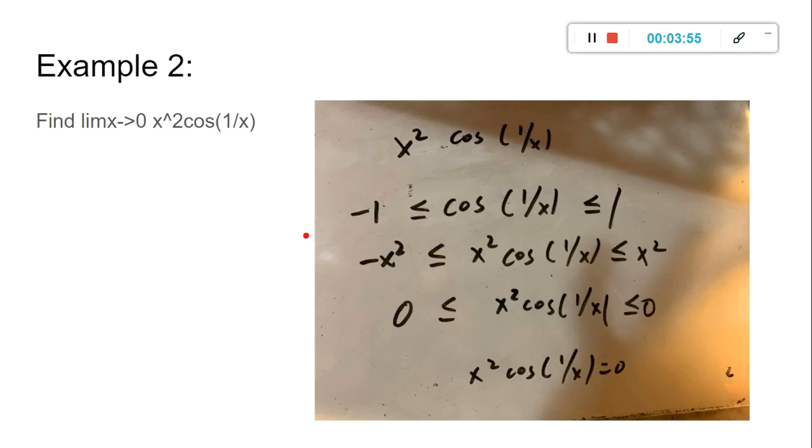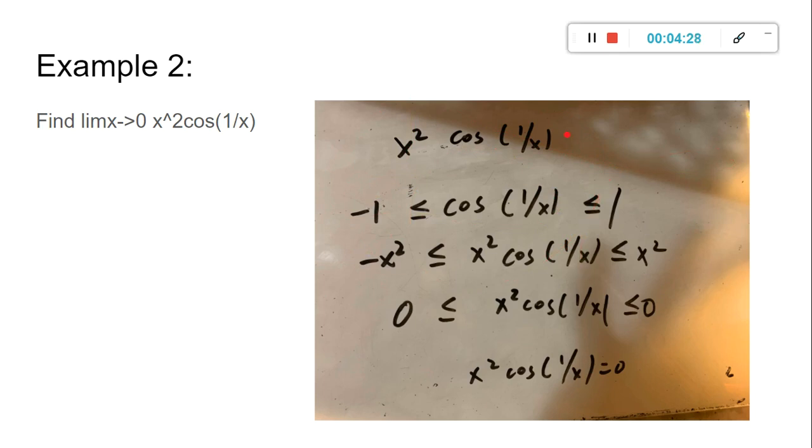Next problem. Find the limit as x goes to 0 of x squared cos(1 divided by x). This problem is a bit tricky. How do we solve this? It seems like we can't use the previous method. First we know that cos is between -1 and 1, right? So after that, we can determine that cos(1 divided by x) is larger than or equal to -1 and smaller than or equal to 1.